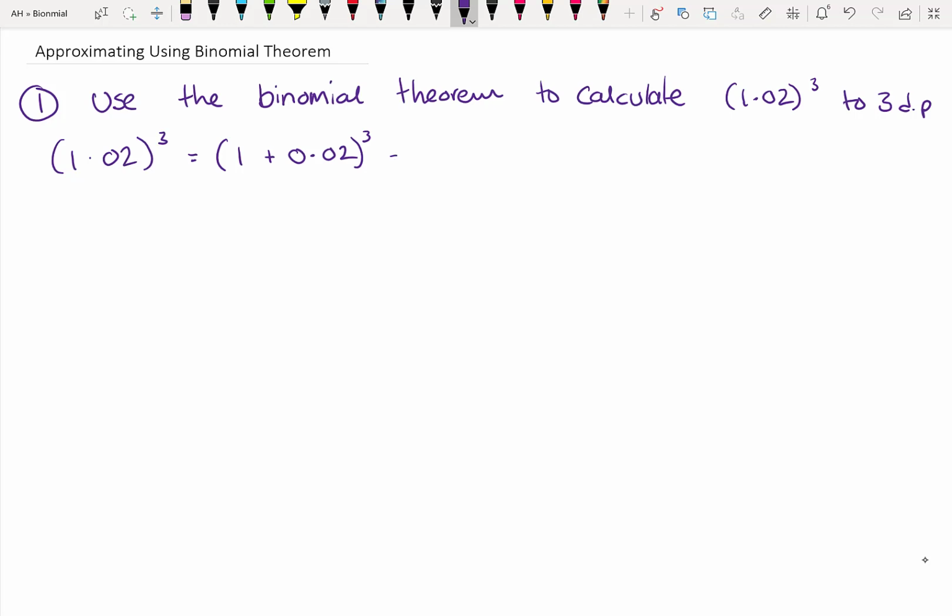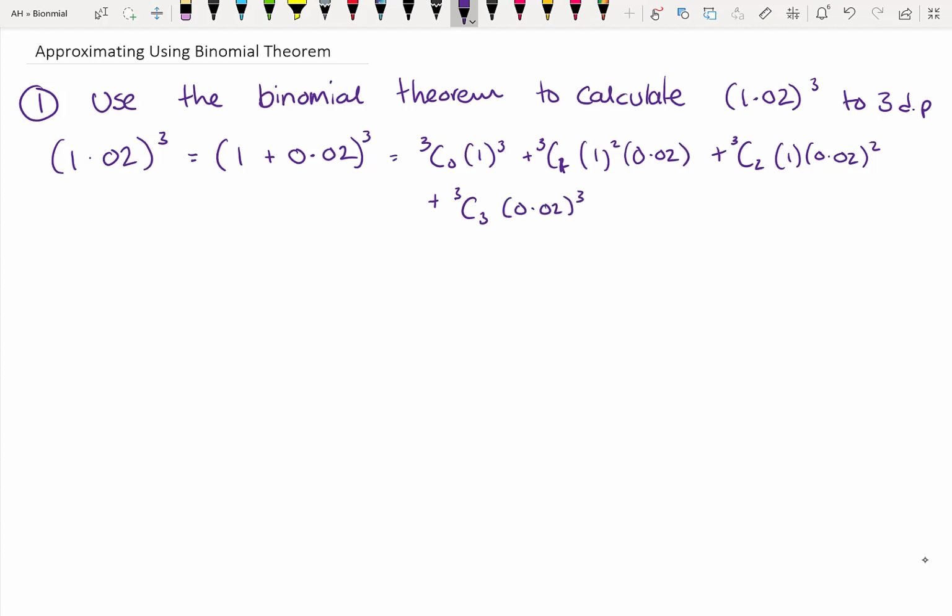So we've got that then being 3 choose 0, lots of 1 cubed, plus 3 choose 1, lots of 1 squared, times 0.02, plus 3 choose 2, lots of 1, 0.02 squared, plus 3 choose 3, lots of 0.02 cubed.